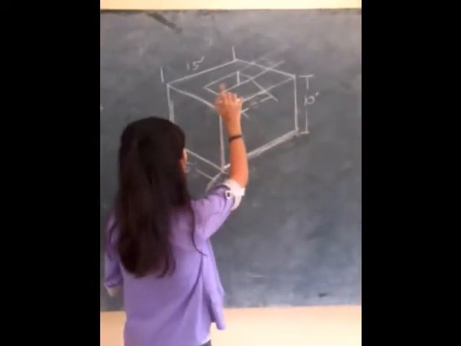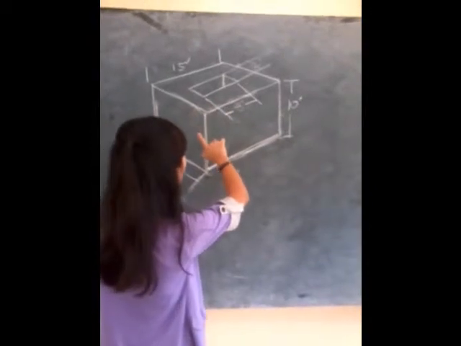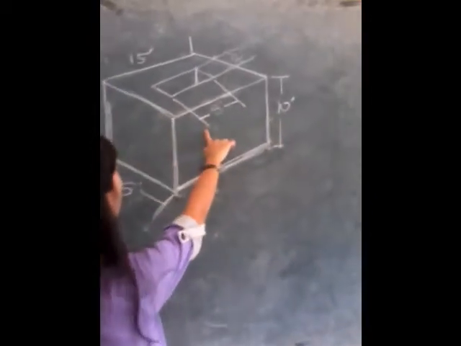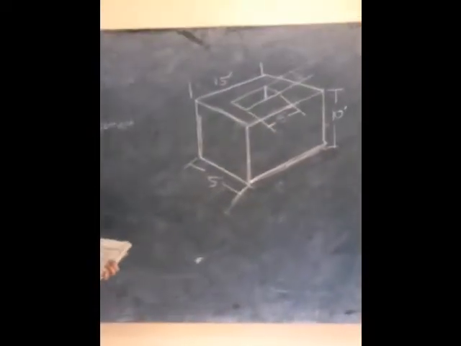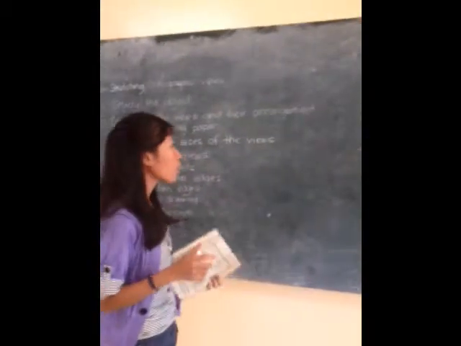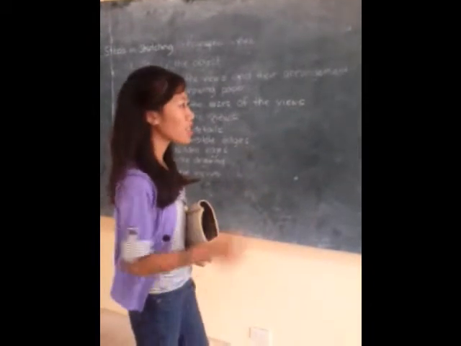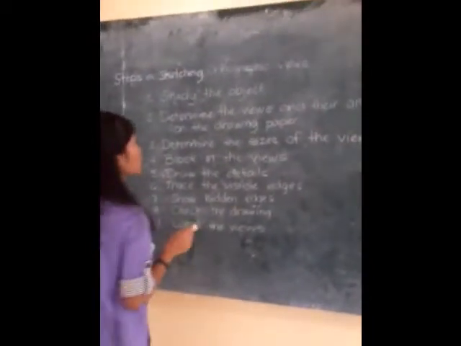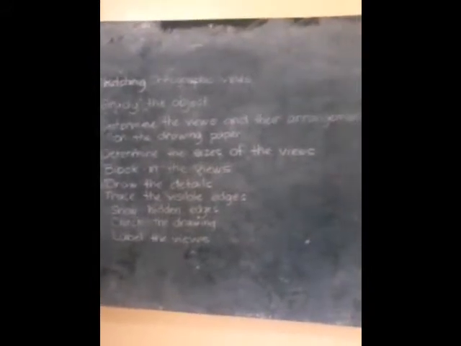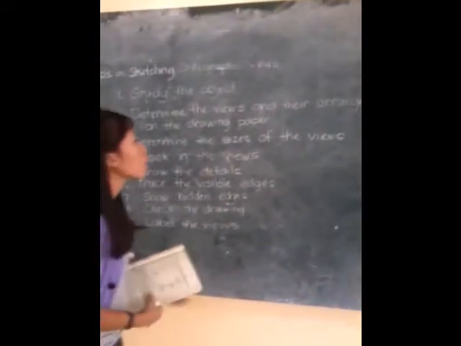So after we study the overall dimensions of this object, we will now proceed in determining the views and their arrangement on the drawing paper. This is the representation of the drawing paper so that you can see it clearly.